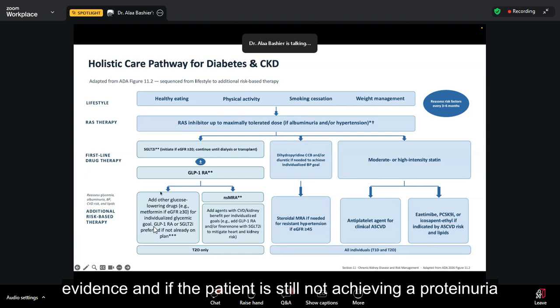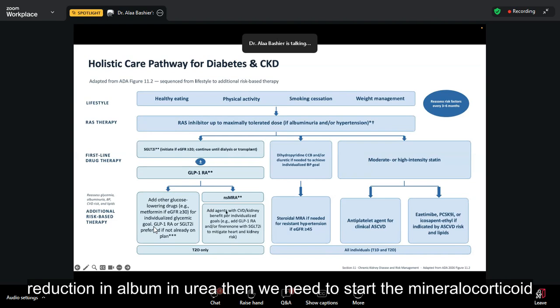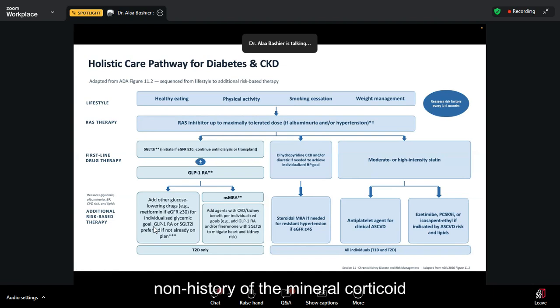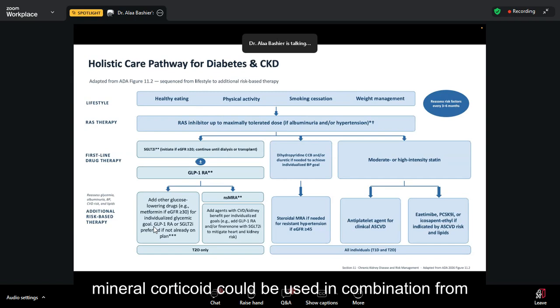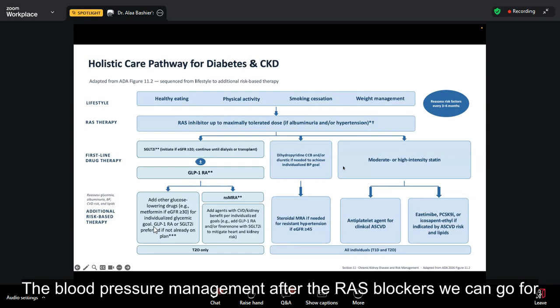And if the patient is still not achieving reduction in albuminuria, then we need to start the non-steroidal mineralocorticoid. And as I mentioned earlier, non-steroidal mineralocorticoids could be used in combination from the start.